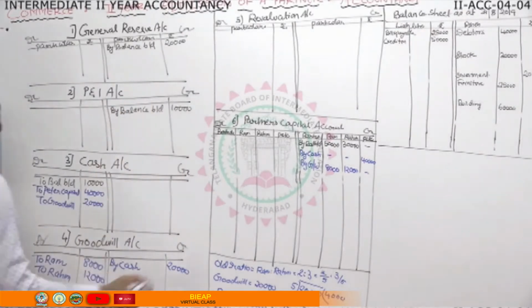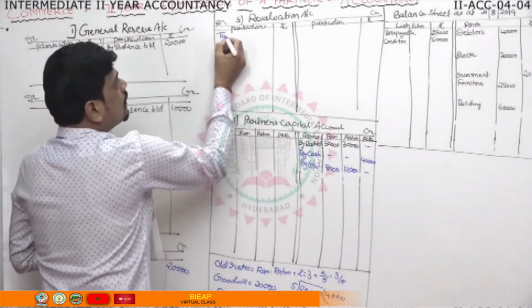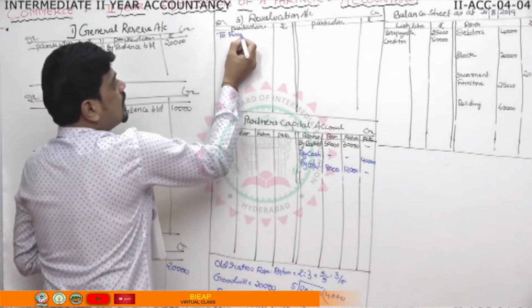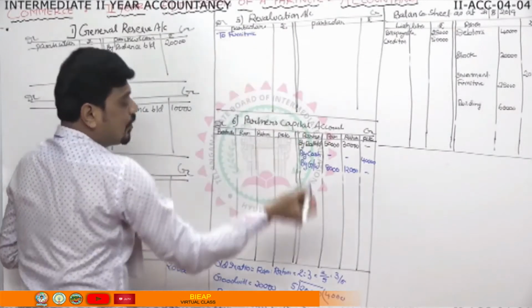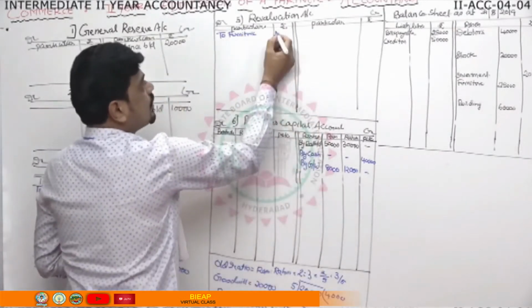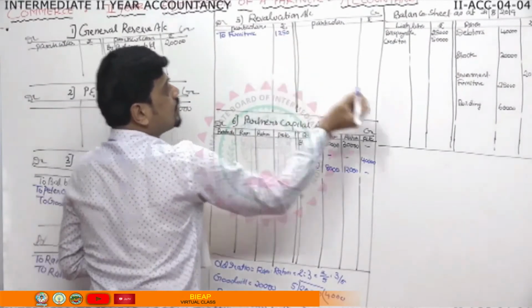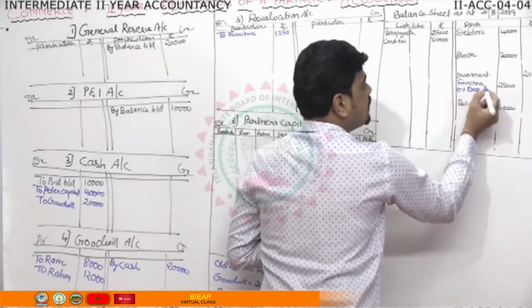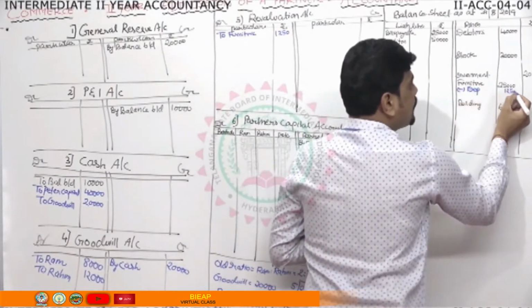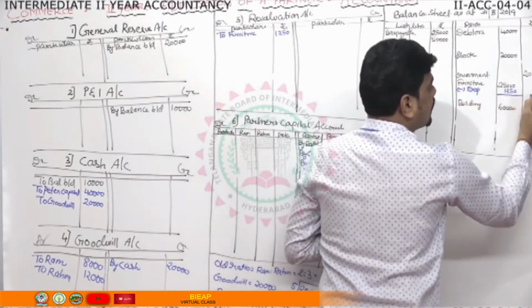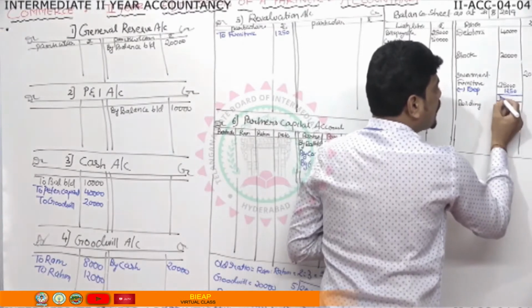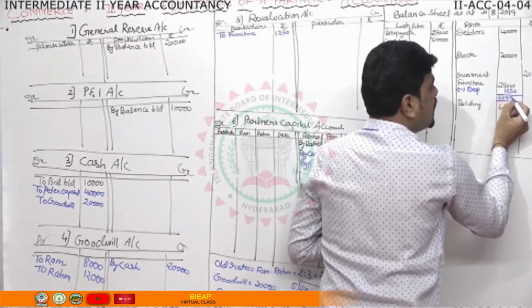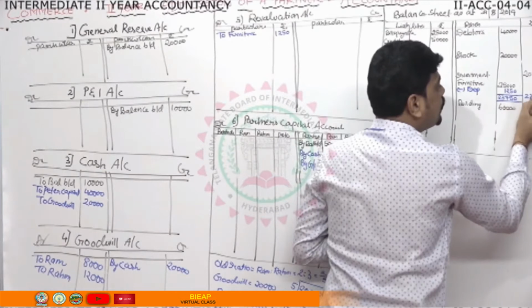So first we'll go to the revaluation account, to furniture. A decrease in the value of an asset is debited to revaluation. So 1,250. Second, I'll come to furniture, minus depreciation 1,250. If I subtract, I get 23,750.